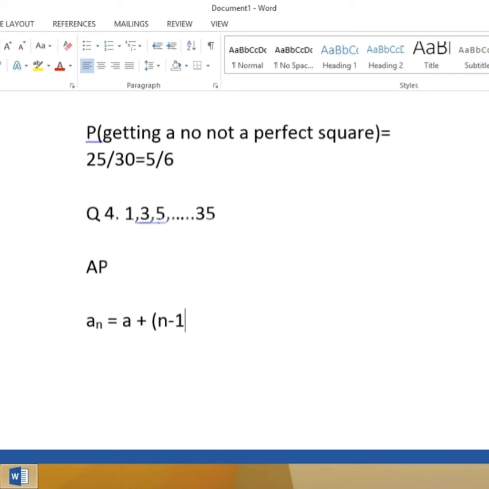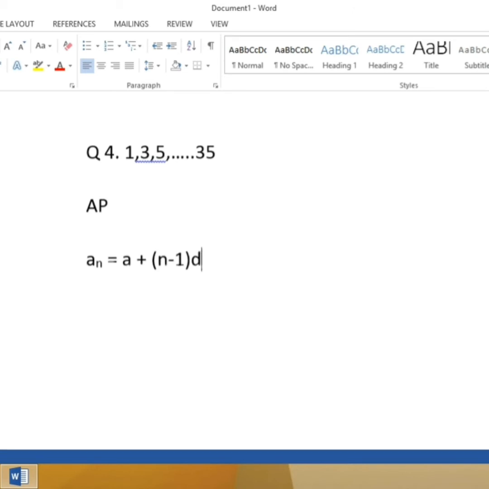Here an is the last term, a is the first term, and d is the difference between the terms.